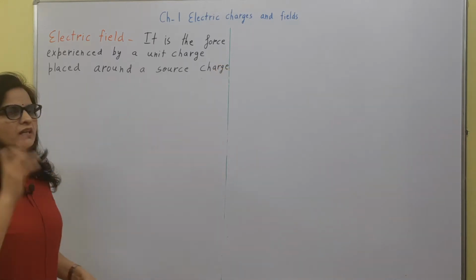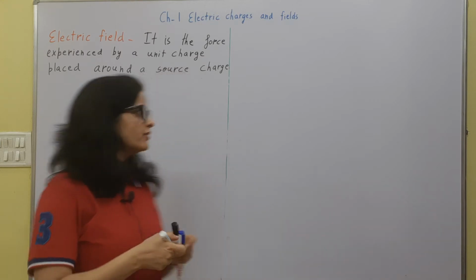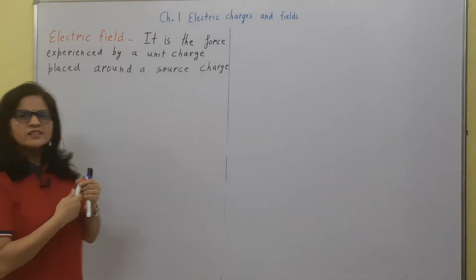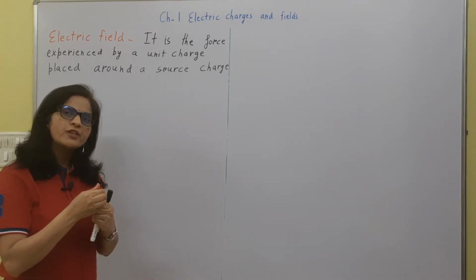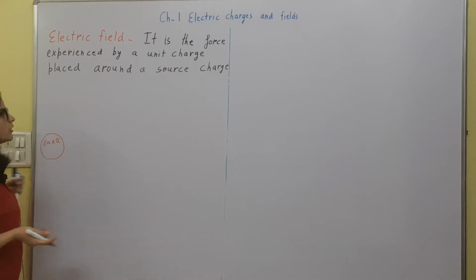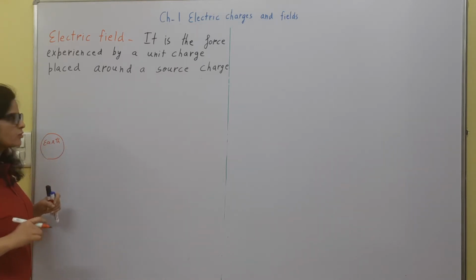We can compare it with the case of gravitation again. Now, if we have this earth, and we know that it exerts a gravitational force on every object which is placed here, right? So, how do we know that it exerts a force on any object placed over here?